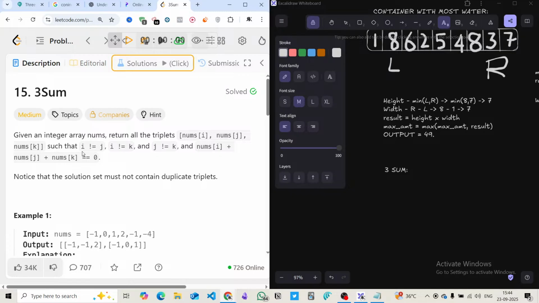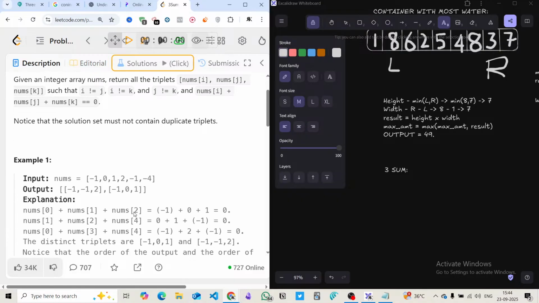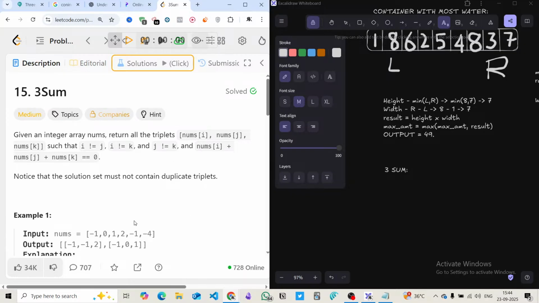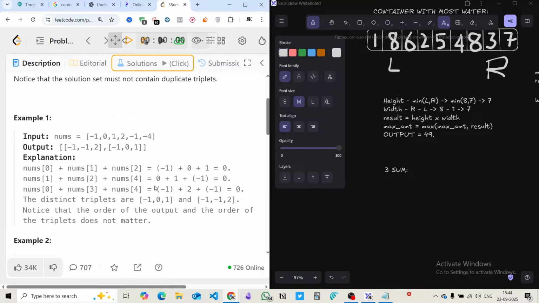Such that i not equal to j, i not equal to k, and j not equal to k. So three numbers need to be different, but adding those three numbers results in 0. The set must not contain duplicate triplets.